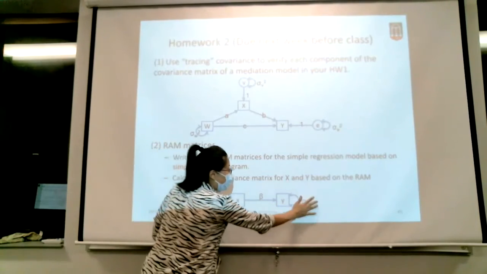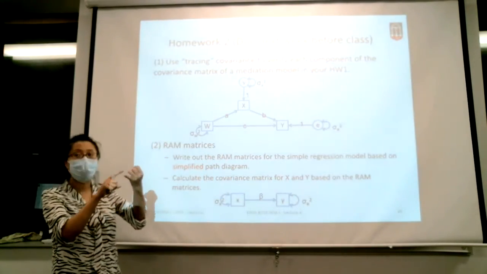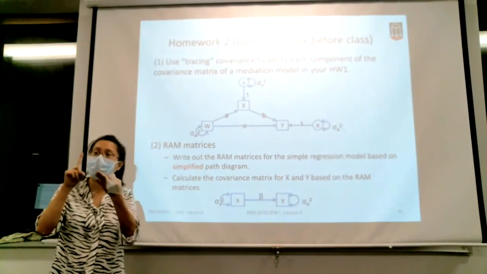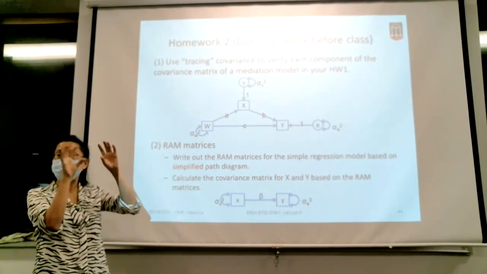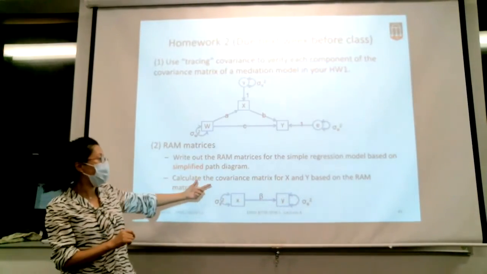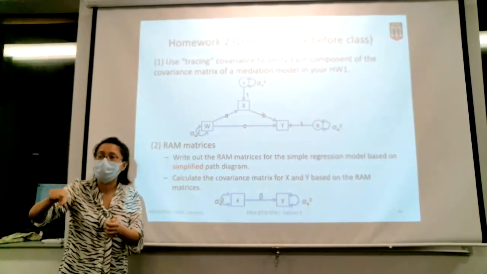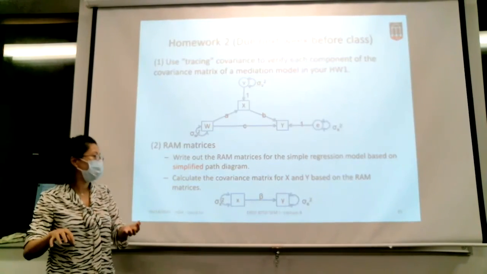By looking at this model, please figure out what is the F matrix, what is the A matrix, what is the S matrix, and do the calculation by using the formula. Calculate the covariance matrix for X and Y. What is the sigma? Finally, what is the capital sigma, which is the covariance matrix of X and Y?